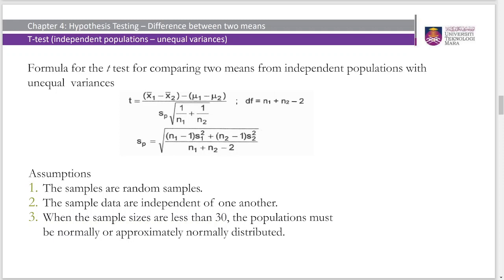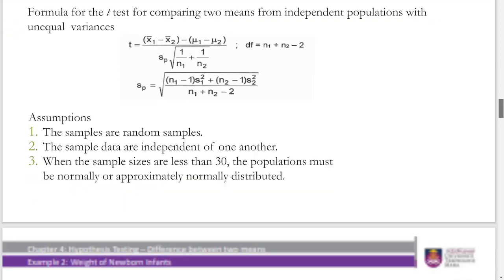Sebab dalam SPSS dah ada satu feature yang mana kita menggunakan bootstrapping, ataupun resampling. Yang tu kita boleh gunakan in replace of the non-parametric test, kalau still nak gunakan t-test. Okay, so that is the situation untuk yang unequal variance.